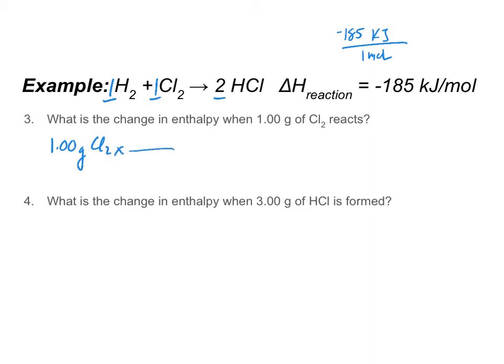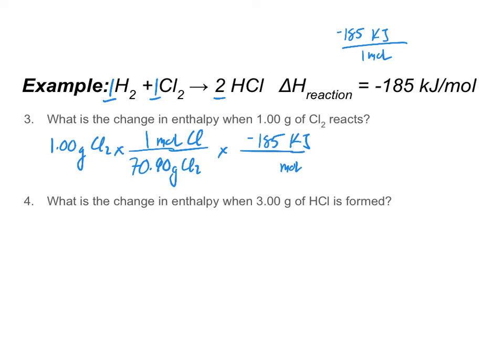So I need to calculate the molar mass of chlorine, and the molar mass of chlorine is 70.90 grams of chlorine in 1 mole of chlorine. And at this point, I'm also going to add in the enthalpy value. So I'm going to put my enthalpy value here, and it's going to be negative 185 kilojoules per mole.